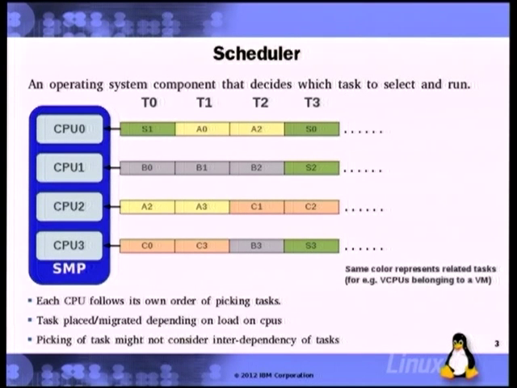One thing to note here is that the scheduler does not take into consideration the relation between the tasks. Suppose there are vCPUs of the same VM. It can happen that all the vCPUs are placed on one single physical CPU, or the picking of the tasks on different CPUs would be random.